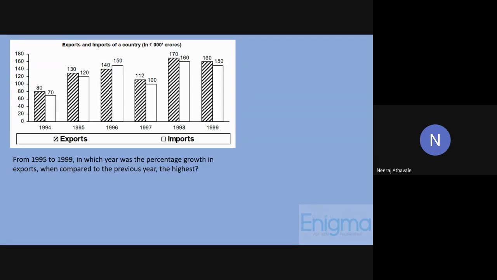Okay, are you sure? सबका आ रहा है 98? परसेंटेज ग्रोथ चाहिए हमें. So 98.